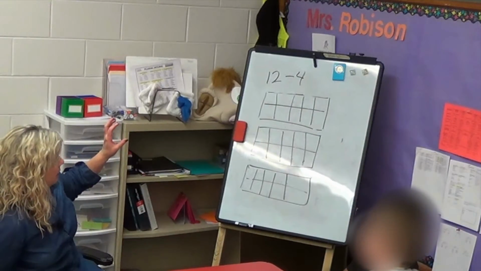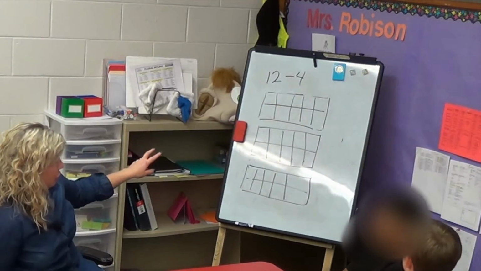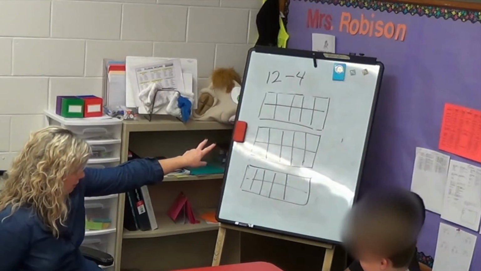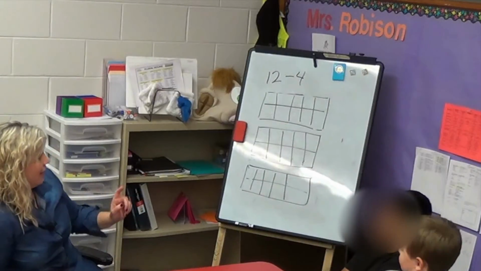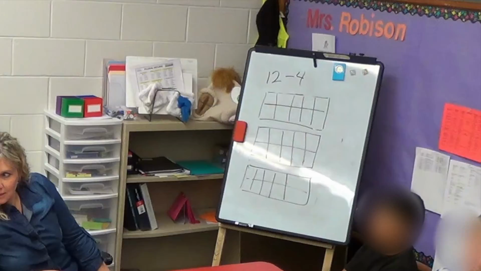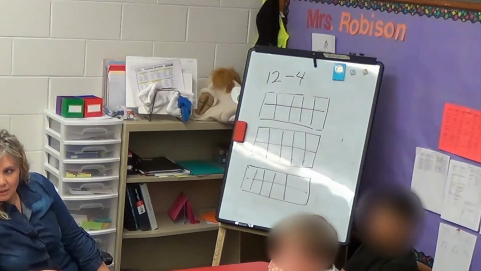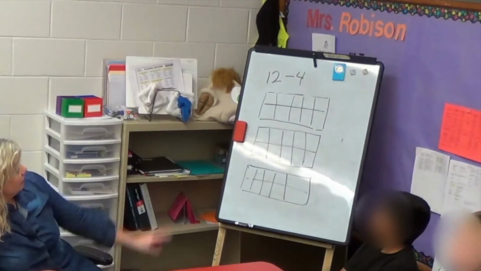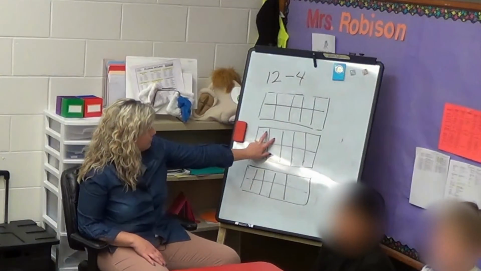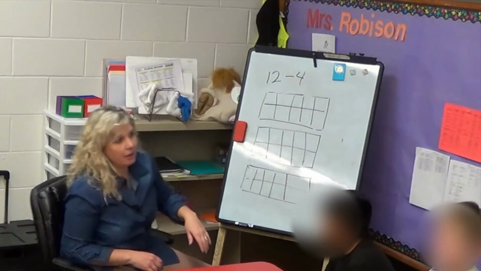So I would add 10 and 2 more, and then I would take away 2 and 2 more, and it leaves 8. I'd fill in a 10th row, and then I'd fill in 2 in the other 10th row, and I'd take away those 2 and then take away the 2 above. All right, stick your hand up.